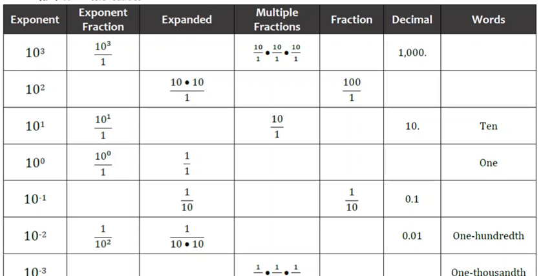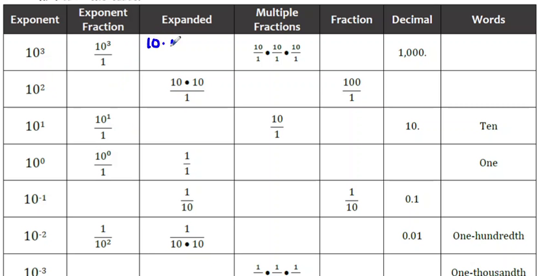So let's start with positive 10 to the third power. The first thing they do is they have 10 to the third, which we know as an exponent fraction. This column is a little bit repetitive, I think, because all of these are just going to be over 1. Expanded, since it's 10 to the third, that means we have 3 10s.